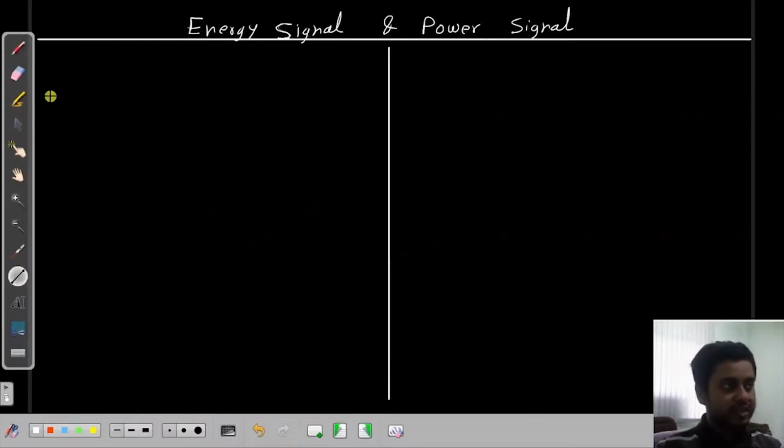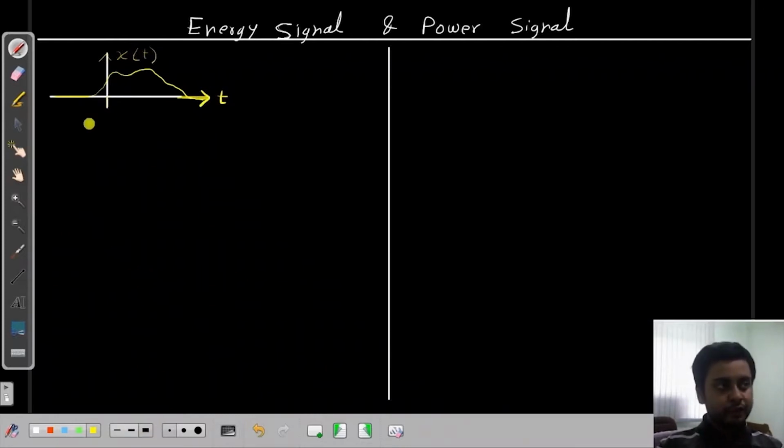Now consider a signal which spans for a short duration, maybe like this. After this point the signal is 0, before this point the signal is 0. Call it x(t).